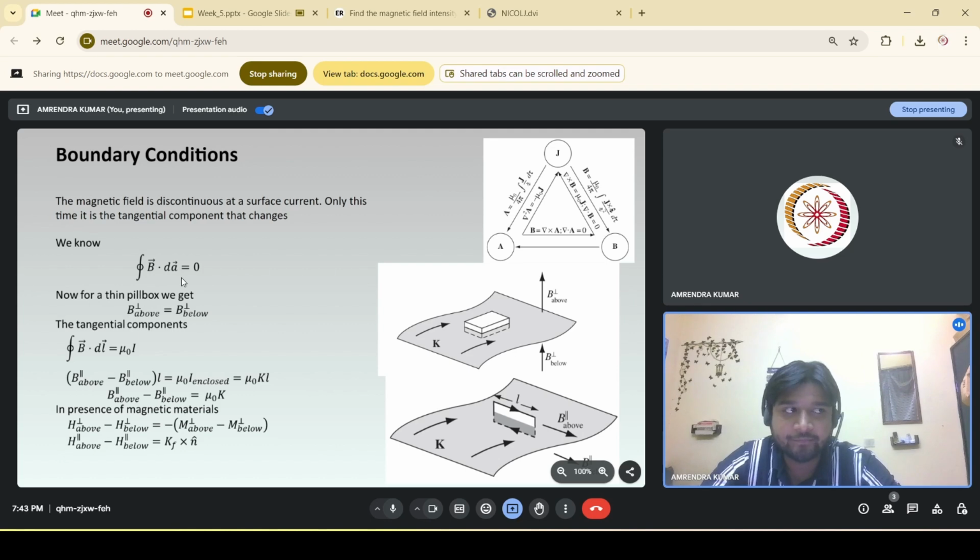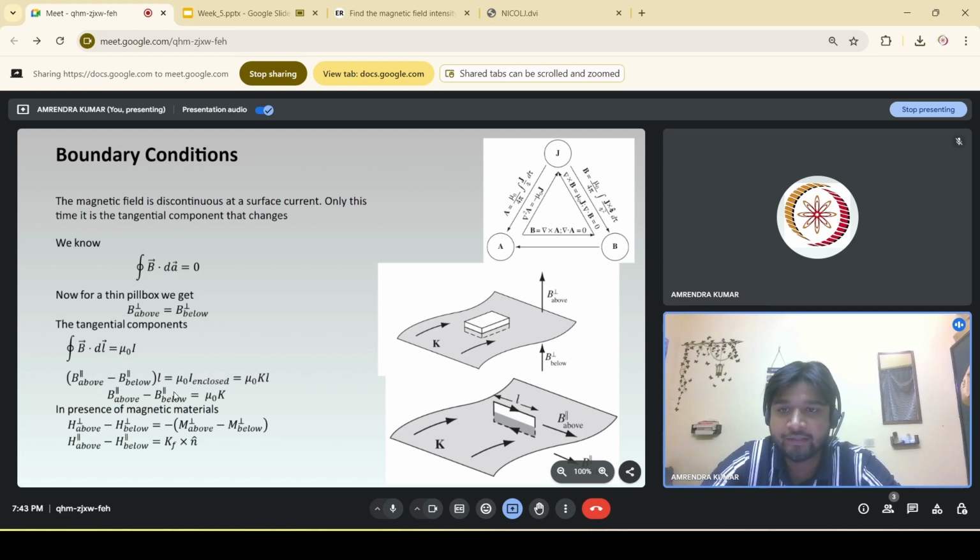This implies that del dot B is 0. So we have this pillbox we can make, up and down, and the area is the same. So the B above and the B below, the perpendicular component should be equal, and the tangential component is not 0 because of Ampere's law.